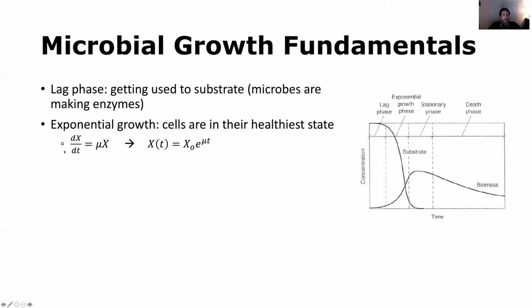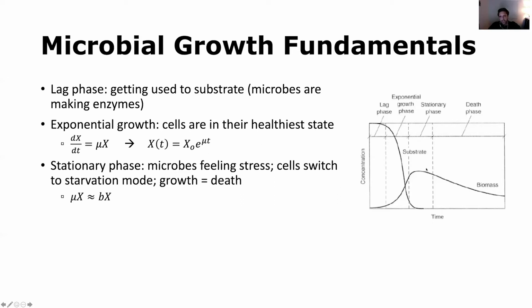If we were to derive this equation, we would get the form X of t is equal to X0 times e to the mu t. And so you can see that that is an exponential equation that'll give you a growth curve that looks like you see right here in the exponential growth phase. All right, so the biomass concentration at time t is equal to the biomass concentration at time 0 times e to the mu times t, where mu is the growth rate and t is the time.